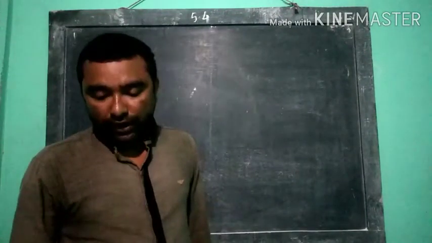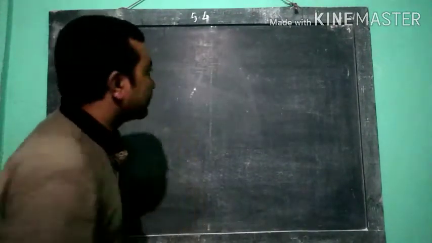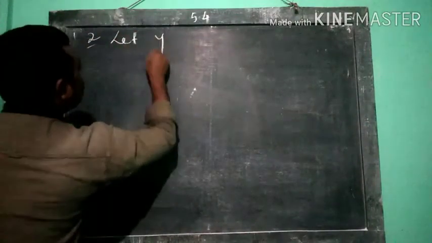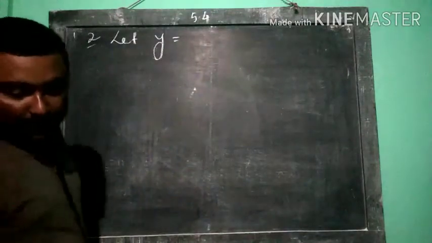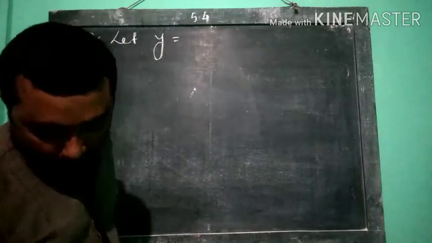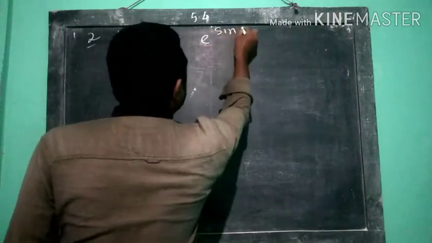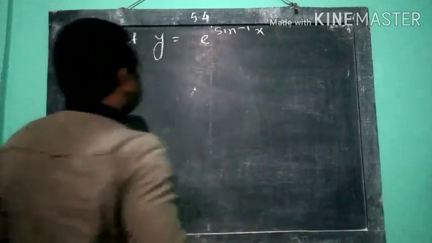Now we are going to solve question number 2. So question number 2, let y equal to e to the power sin inverse of x. This is y.